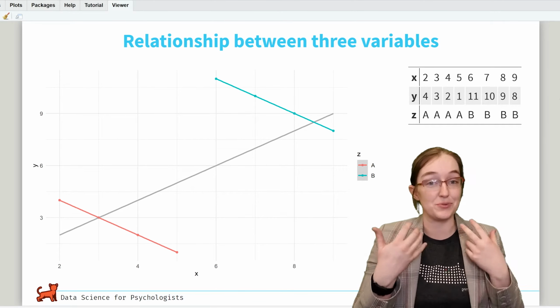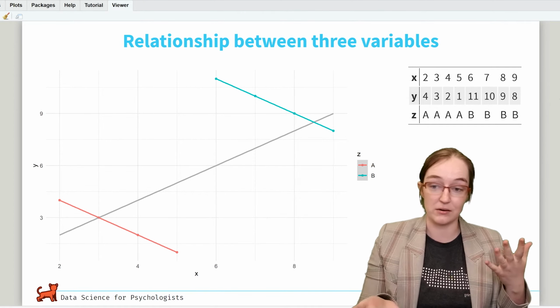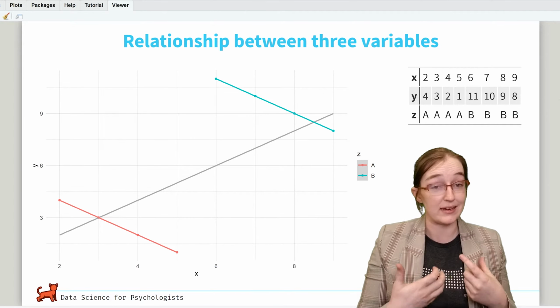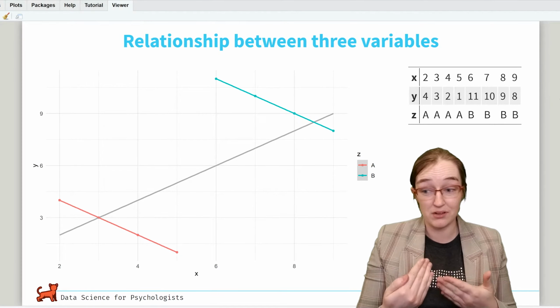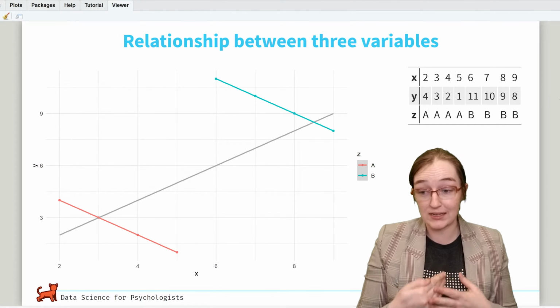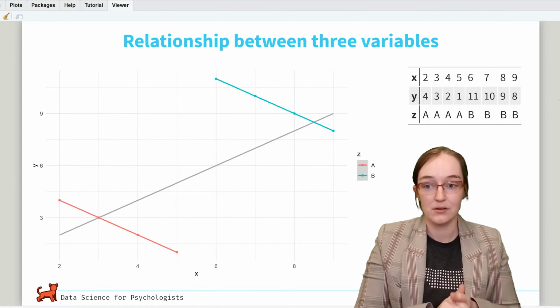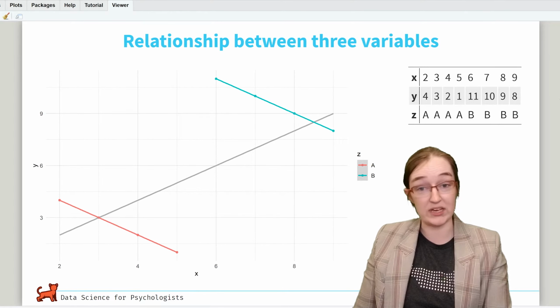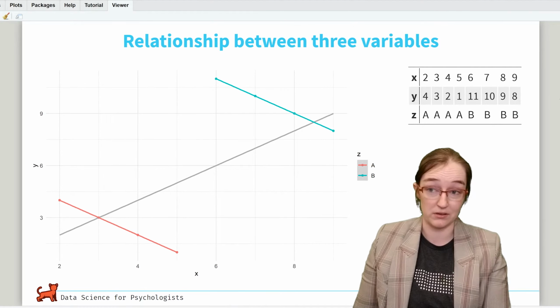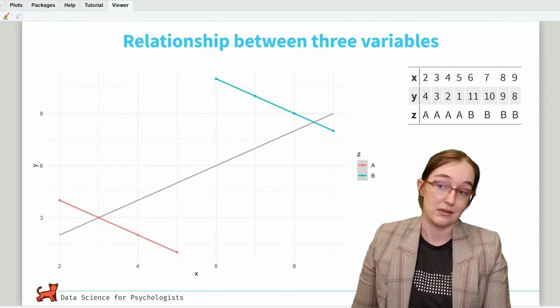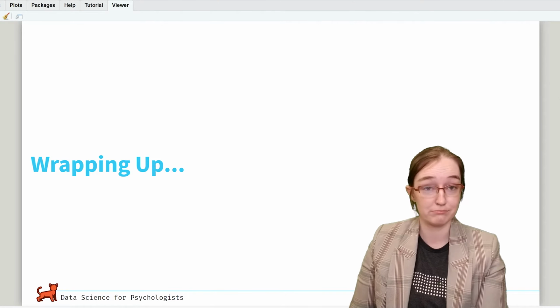But if we take into account that third variable, here some grouping of A and B, we can see that, in fact, the relationship between X and Y is negative, just like a total flip, when we account for that third variable. And this is, in essence, ladies and gentlemen, Simpson's paradox.